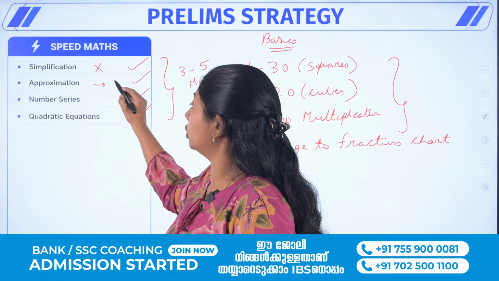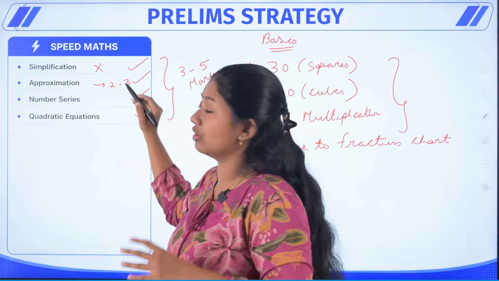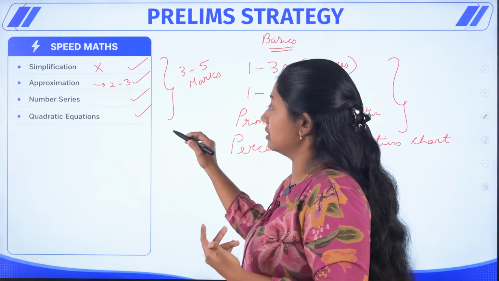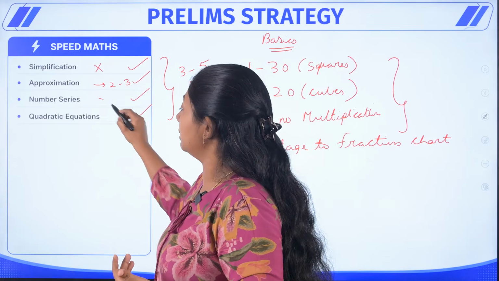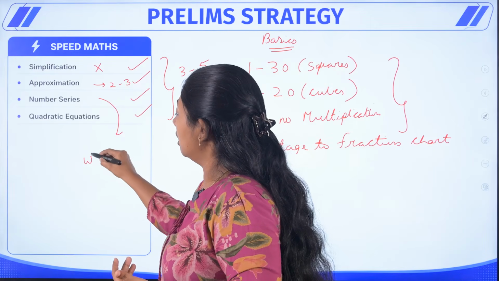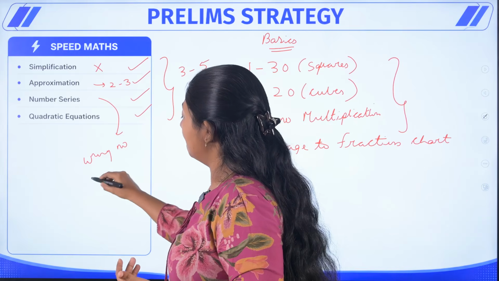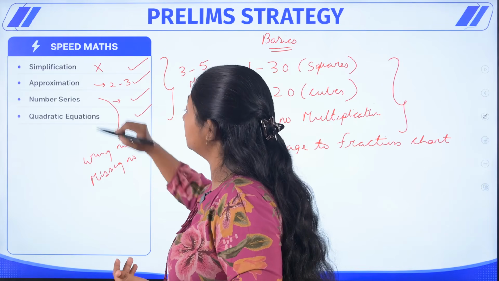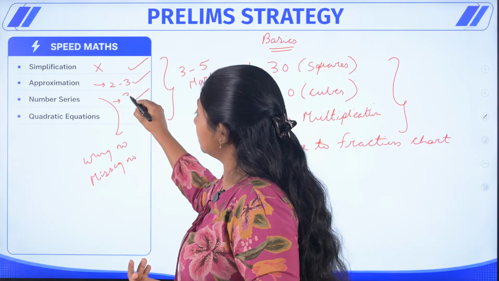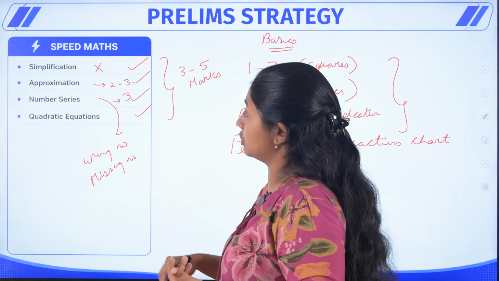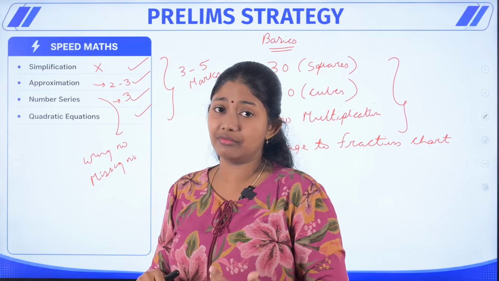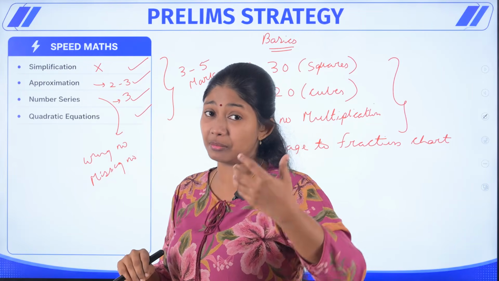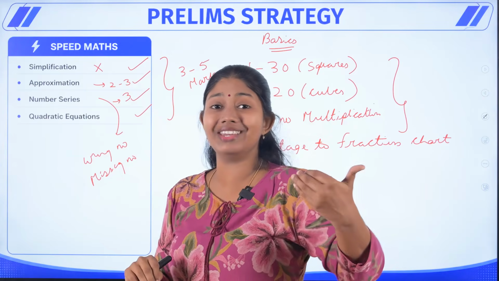Approximation, you can expect 2 to 3 questions. You cannot say exactly, sometimes it will vary, because it is only 5 marks weightage from this. Number series also is divided into 2 types, like wrong number and missing number. From this also you can expect 3 questions. If 2 questions are coming from approximation, 3 questions can come from number series, or sometimes this may vary. 5 questions from number series also can come because there are various shifts.